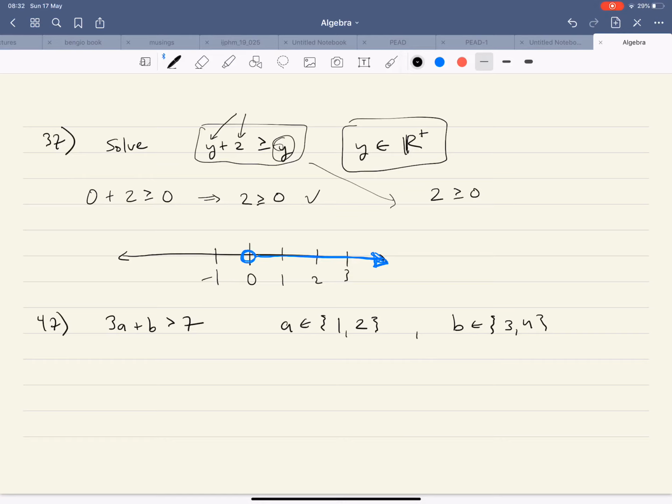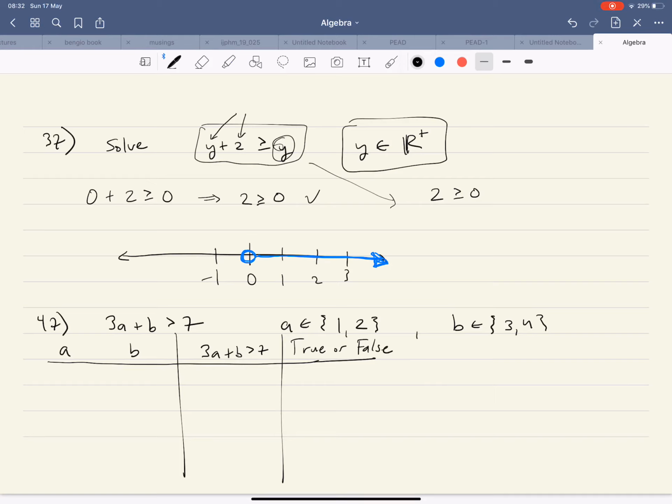I've got a, I've got b, and then my expression 3a plus b greater than 7, which I'll evaluate, and then I'm going to make a statement of whether this is true or false.